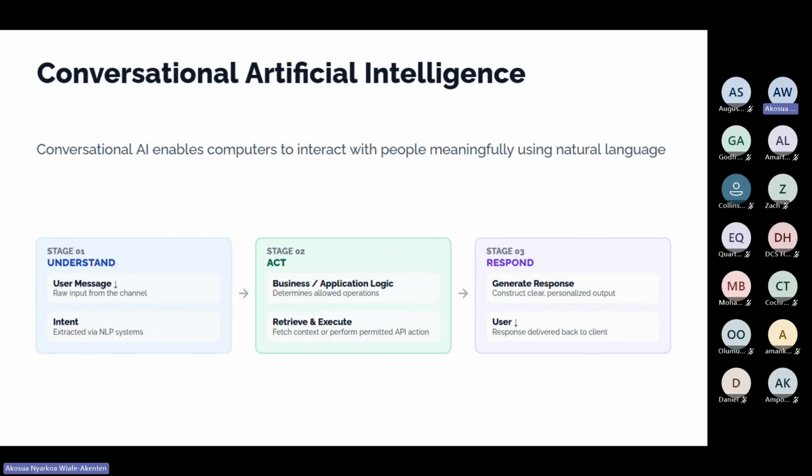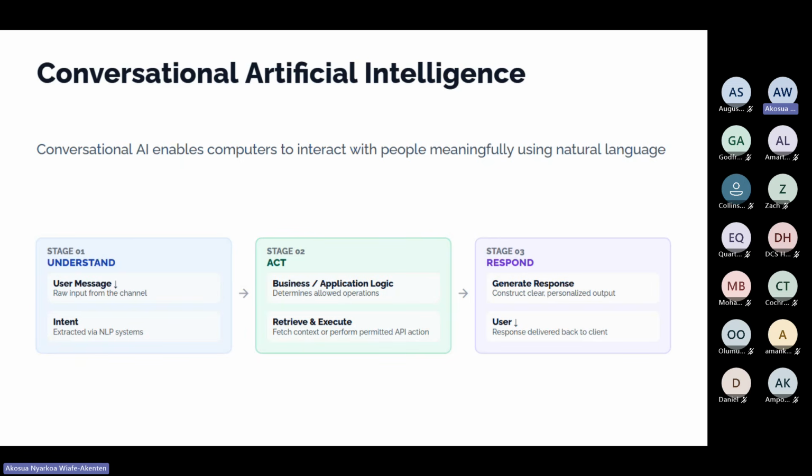Okay, so an example of this technology is chatbots or conversational agents, right? The important thing that your solution would need to do is to be able to understand what the user is saying, determine what it should do, and then communicate the appropriate response. So we can think about it in three stages: understanding, acting, and then responding.